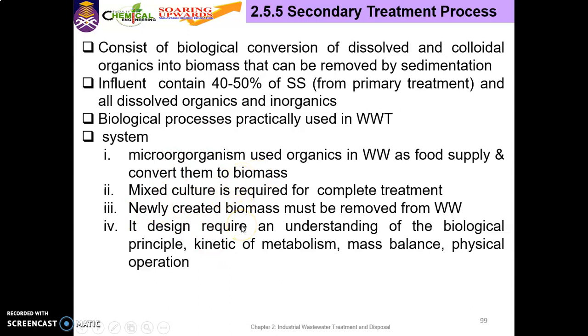For this, it requires understanding of biological principles, kinetics of metabolism, mass balance, and also physical operation.